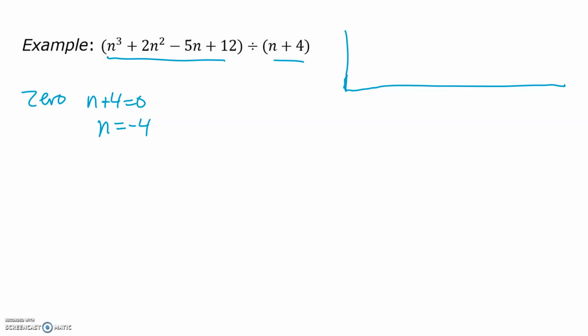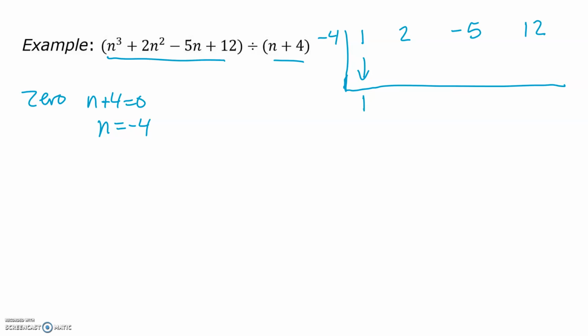All right, so let's go ahead and set this one up. Our solution is negative 4, so we're going to see if that goes into it. Our coefficient for n cubed is just 1, plus 2. Next value is negative 5 and 12. We need no placeholders here, so we have no zeros filling a spot for us. Bring down the first term always, no matter what it is, just bring it down.